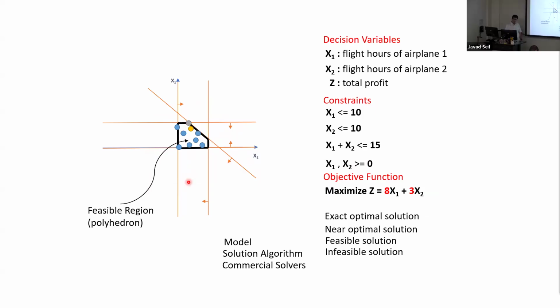What are these points? Blue ones. According to that definition, what are these blue ones called? Feasible. Feasible because they are within the feasible region. And then these are infeasible solutions. Make sense? So each point is a solution.